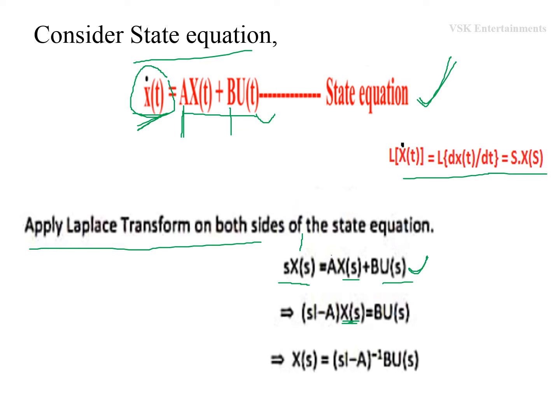Then we are getting sI minus A into x of s, that is equal to B into e of s. From that, take this term to the right side, so x of s is equal to (sI minus A) whole inverse into B into e of s. This is the x of s value from the given state equation.